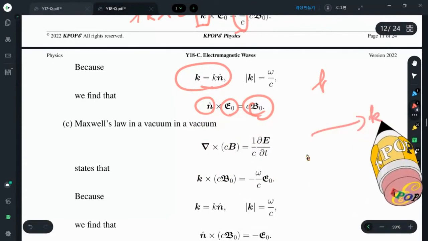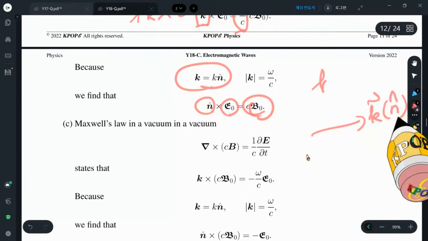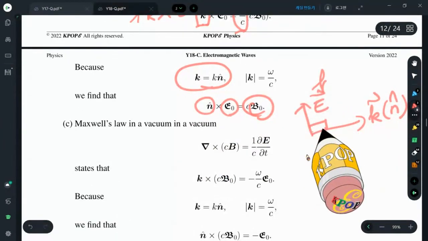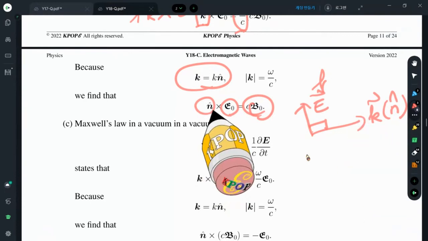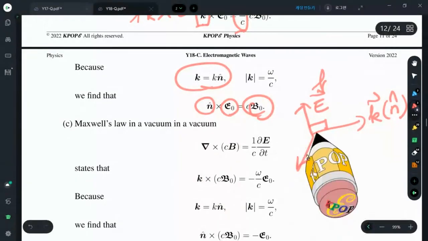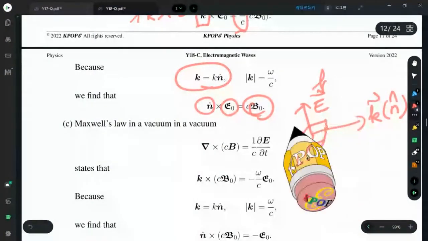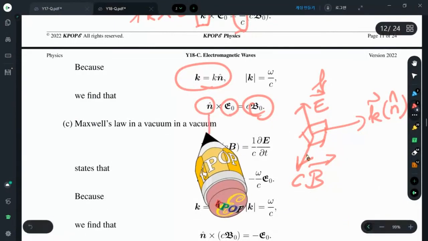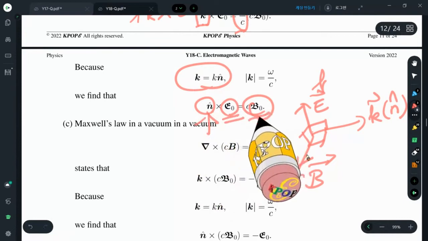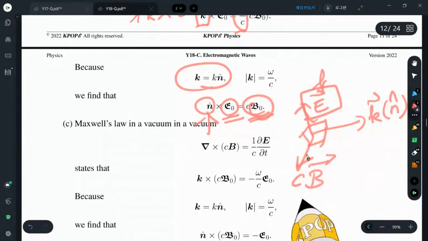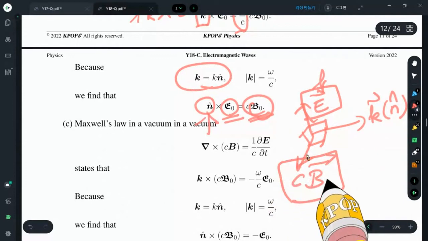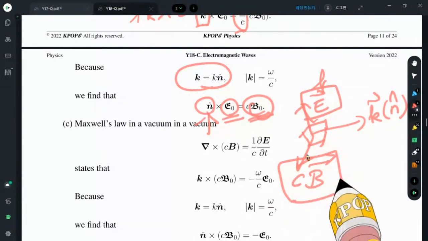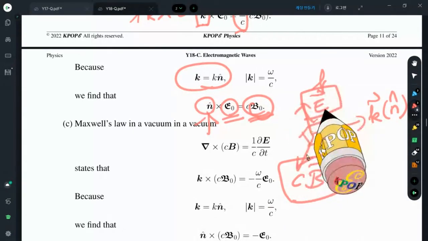So the wave vector k is parallel to n hat, and the electric field is in this direction. They are perpendicular. However, n cross E has the direction. So the three vectors are all perpendicular to one another. In addition, this is a unity. Therefore, the magnitude of the electric field is identical to the magnitude of the magnetic field multiplied by the speed of light. So cB magnitude is the same as the electric field.